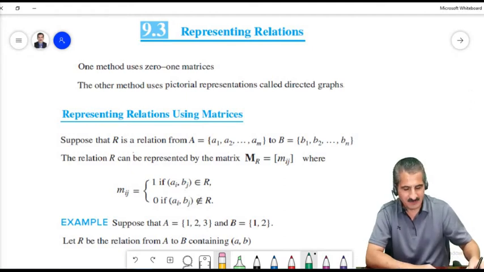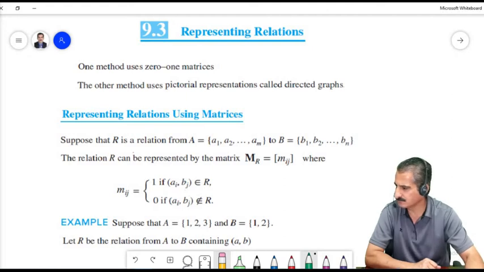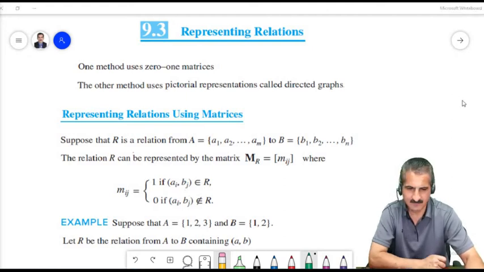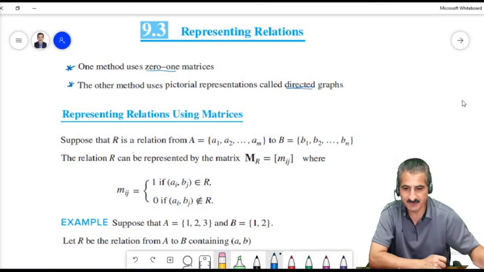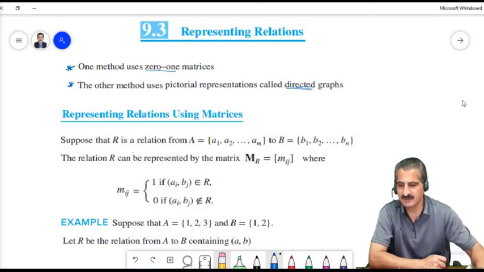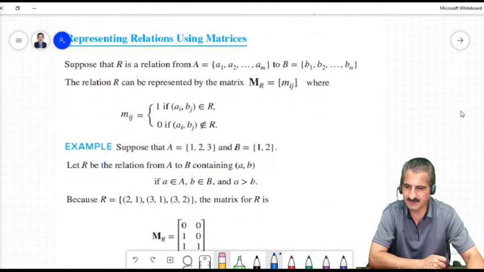As it is written here, we will use two methods for representing relations. The first method is using 0-1 matrices, and the second method is using directed graphs, with arrows with directions. Okay, so we start with the first method, which is using matrices.